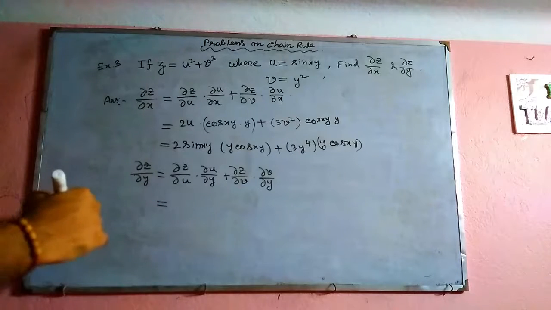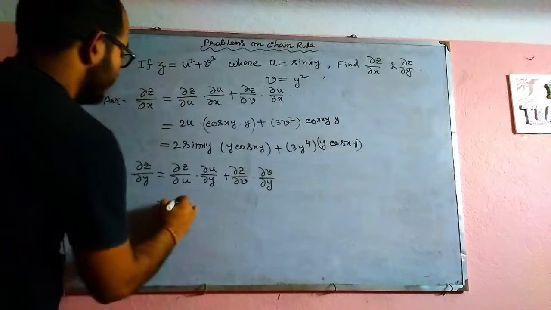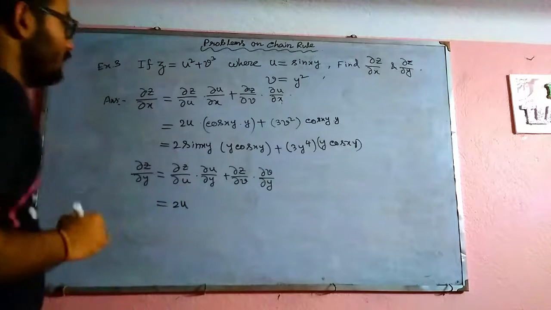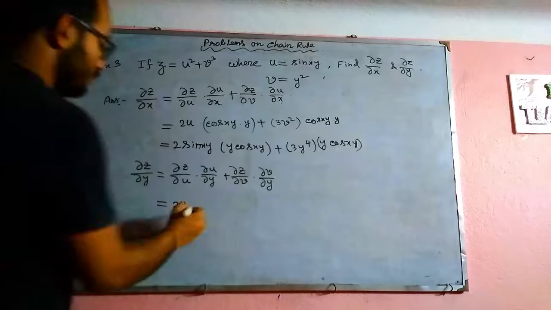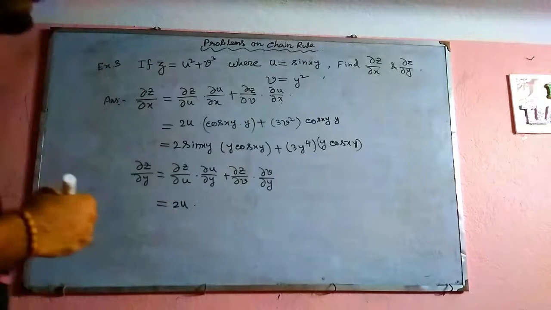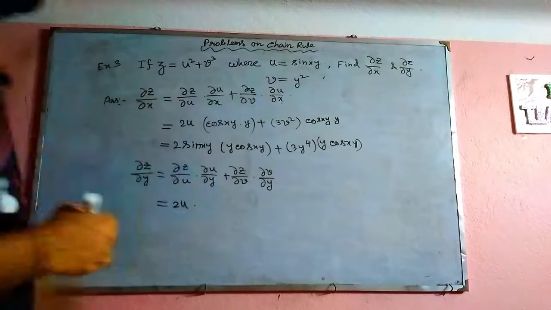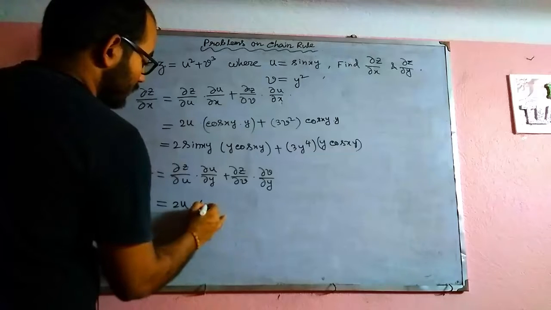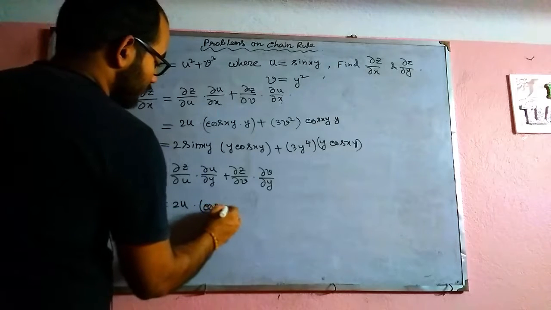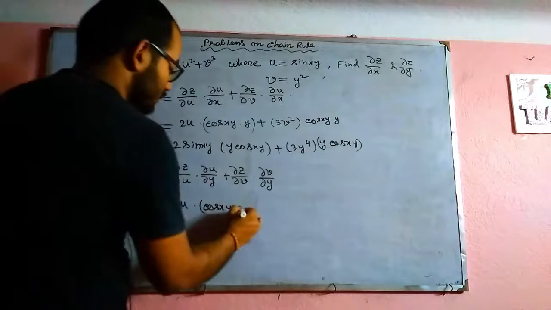So what is del z del u? Del z del u is 2u, and what is del u del y? Del u del y is cos xy into x.